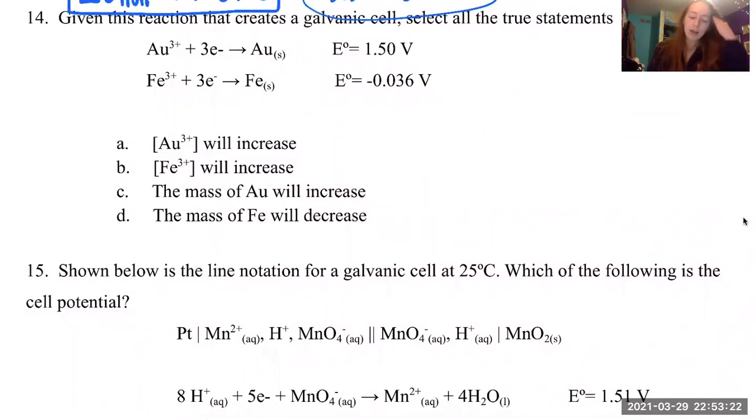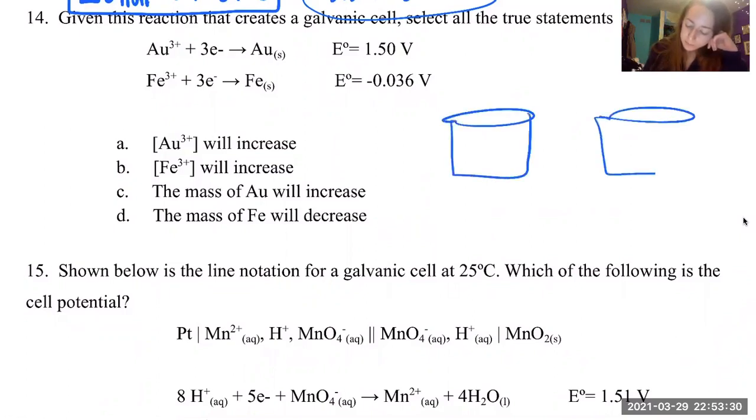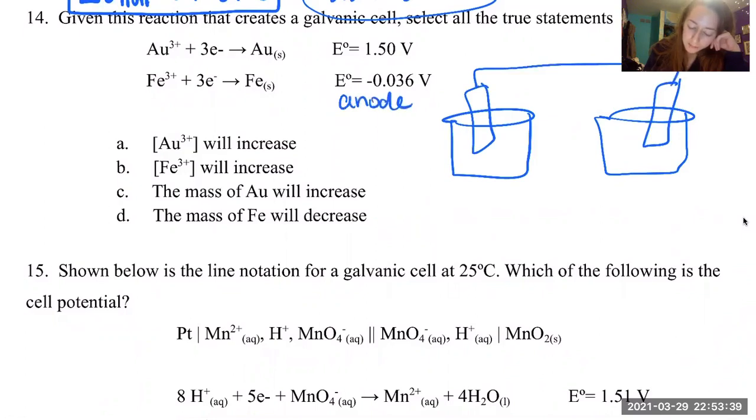14 is asking about what happens in this cell conceptually. So if we were to have a similar cell as always, we know this is going to be the anode because it has a lower SRP. So we know that there's going to be iron here.